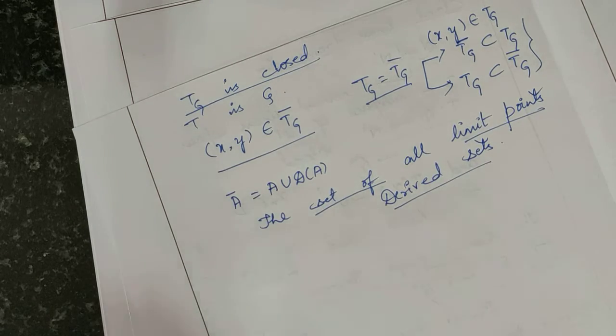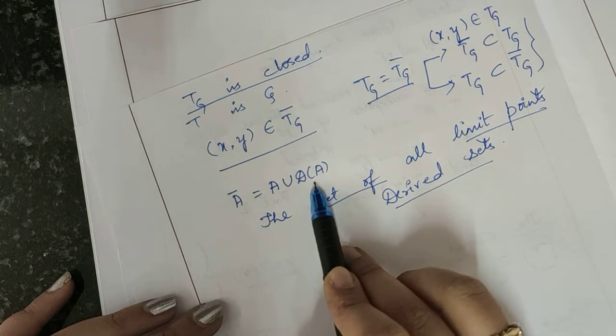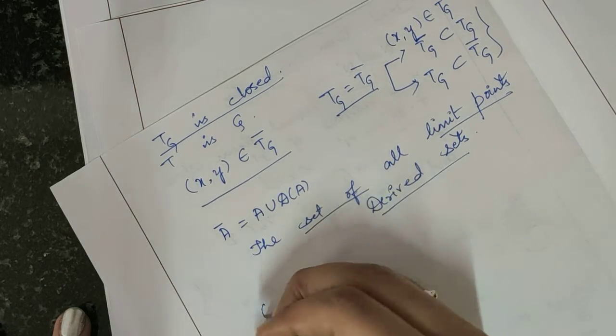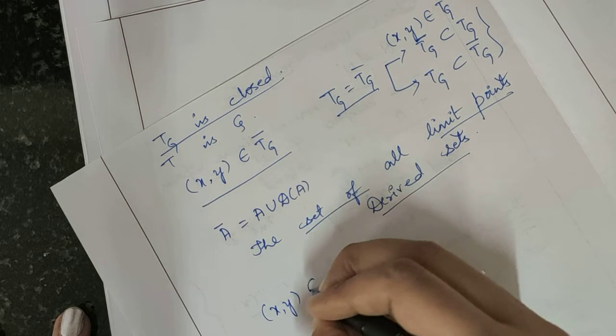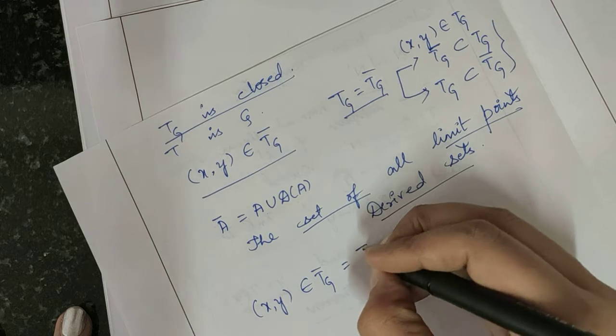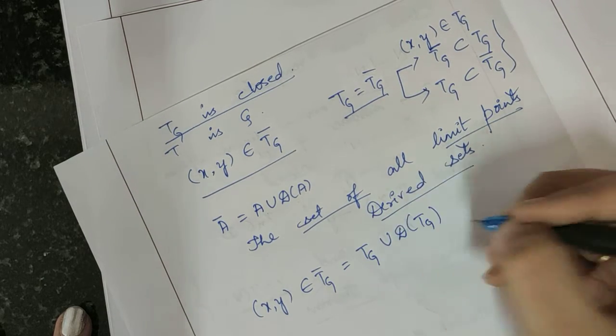So now I can define A closure as A union derived sets of A. Similarly for this, if (x, y) belongs to the TG closure, this TG closure will be equal to TG union derived sets of TG.